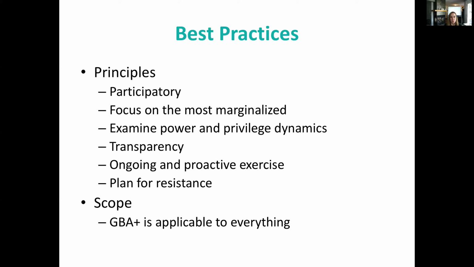Disrupting social norms or highlighting negative social norms and trying to play a role in impacting that can be hard and obviously uncomfortable. So plan for some resistance in that regard and how you're going to respond to that.